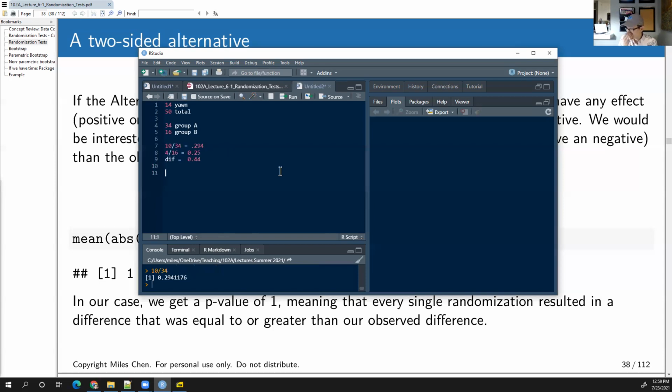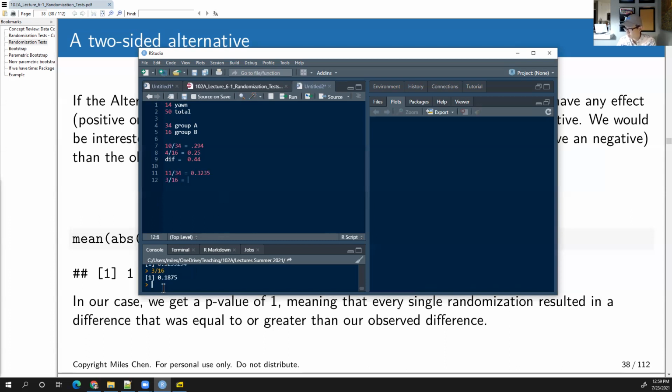On the other hand, let's say we move it around. So we have 11 out of 34 in group A yawn. 11 out of 34 is 0.3235, okay? And then that means in the other group, we can only have 3 out of 16, because we have a total of 14 people.